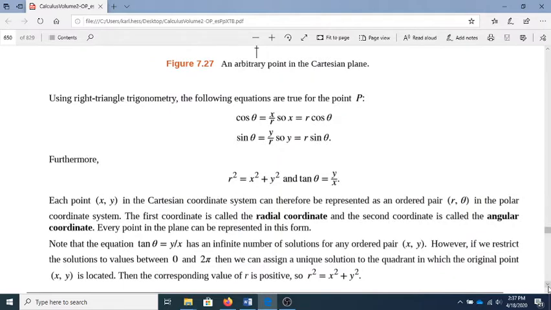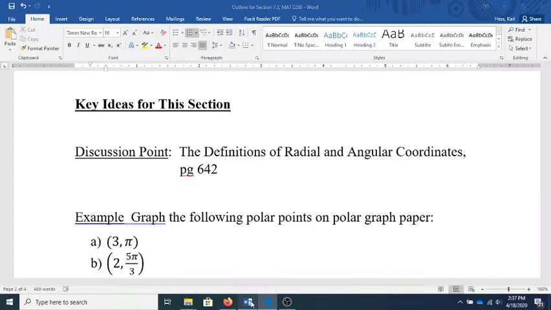It tells us that the first coordinate is the radial coordinate, the r, and the second one is the angular coordinate. It went through how to compute them using trig functions as we did. So those are our first major definition, what it means to be polar coordinates. You have to have a radial coordinate that measures distance from the origin, and an angular coordinate that measures angle off the positive x-axis in radians. Alright, back to the outline.